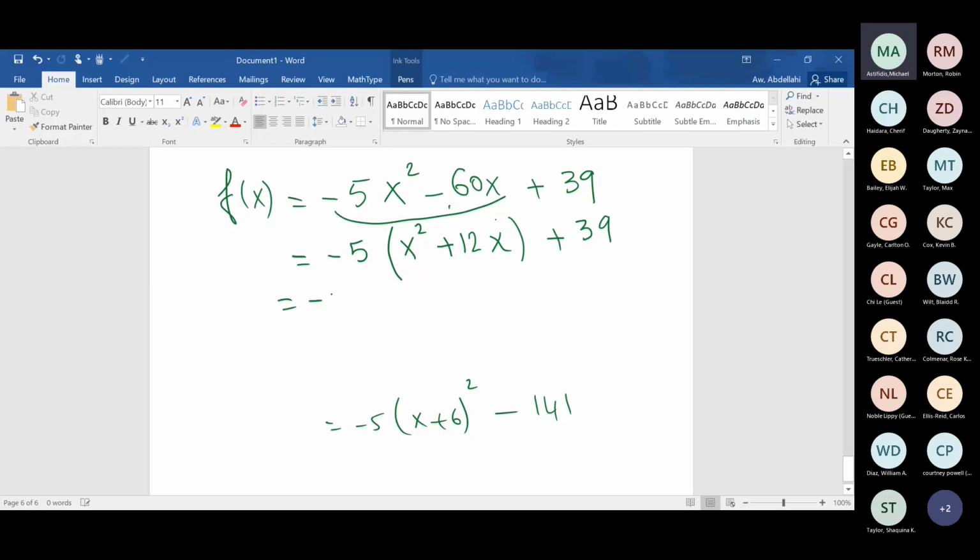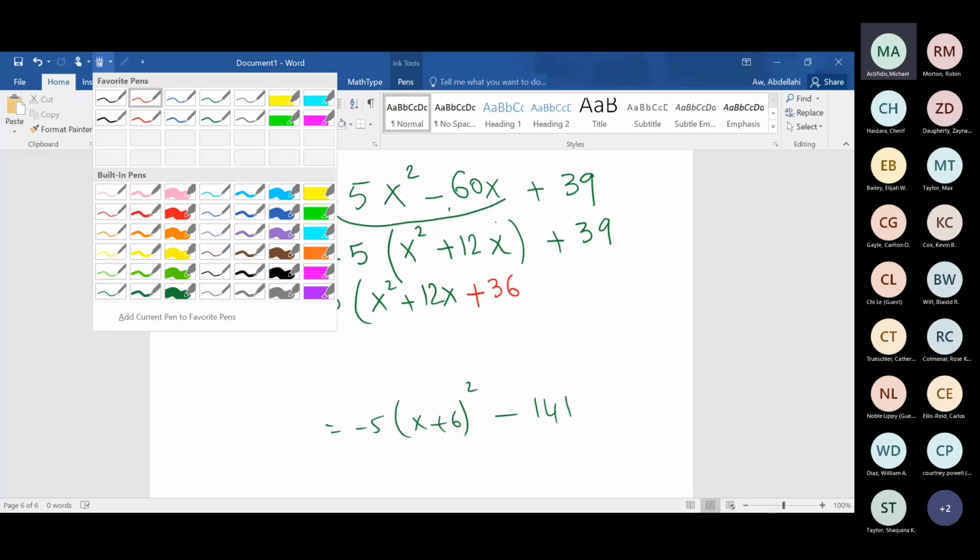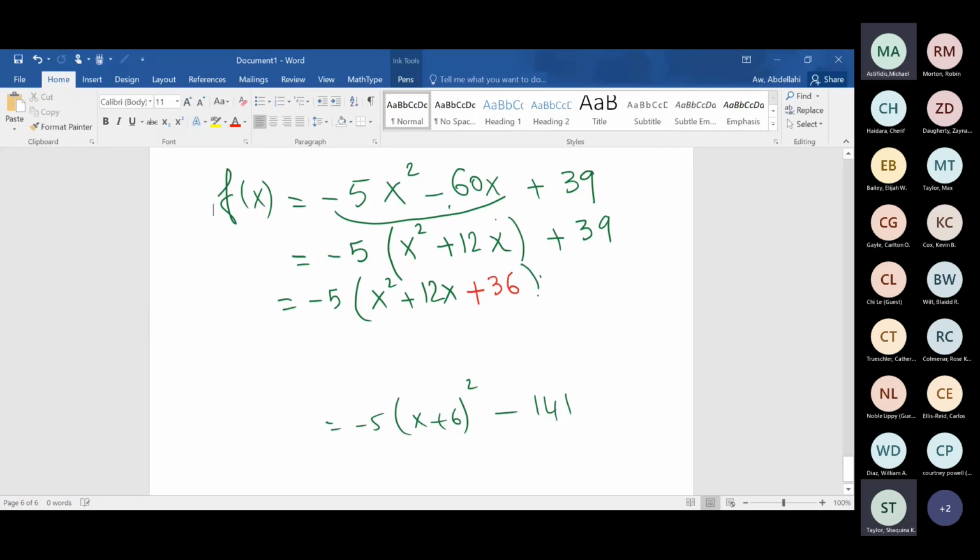Now it's going to be -5 times (x squared plus 12x plus what? 36. Plus 36, thank you. And then we need to add 39 and add 195. Exactly, thank you very much.